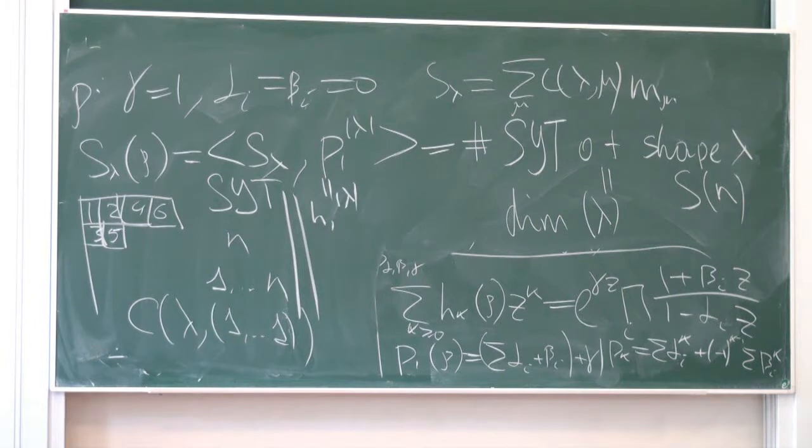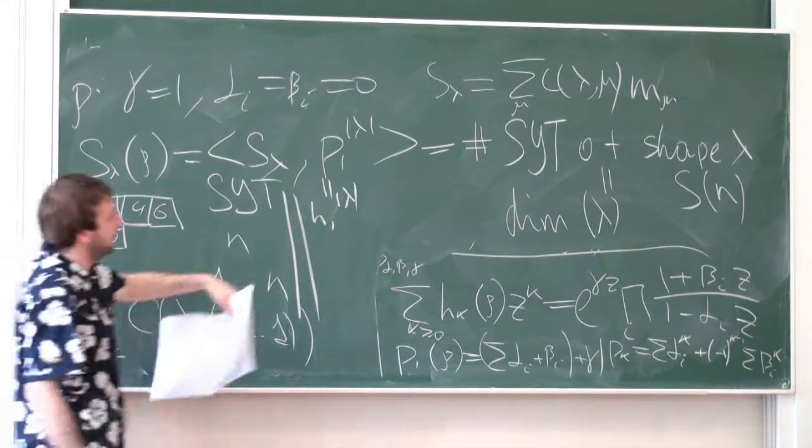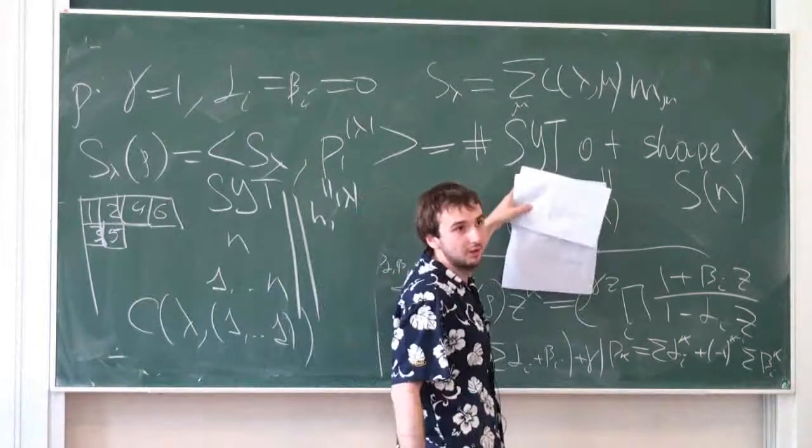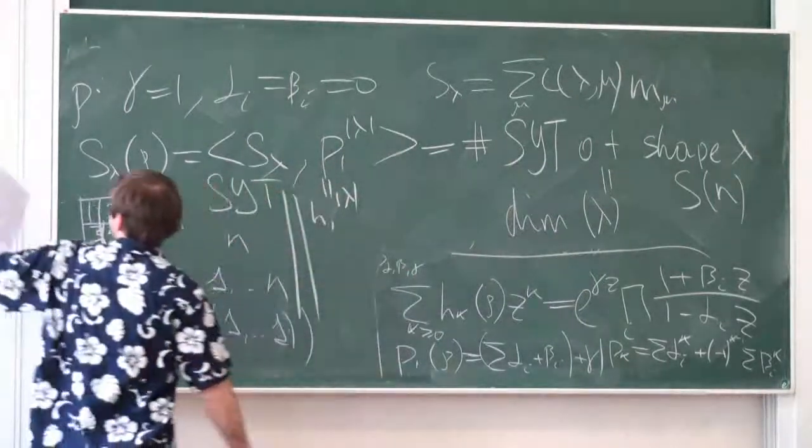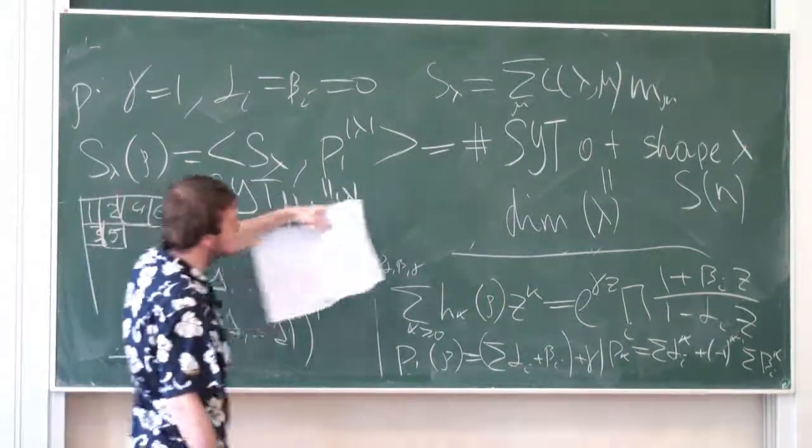Which means, if you look at the combinatorial formula, that you are summing over semi-standard Young tableaux such that all the entries are distinct. But a semi-standard Young tableau with all distinct entries is nothing else than a standard Young tableau. Which means that, from the combinatorial formula, you arrive at this formula.